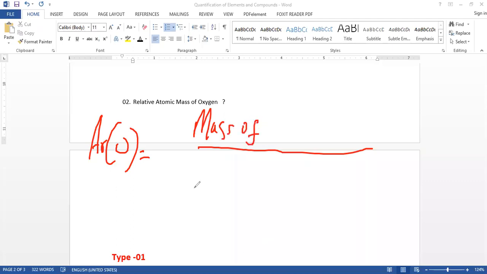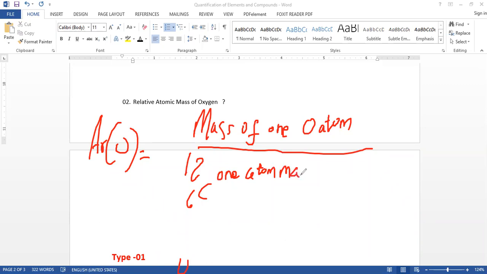Mass of one oxygen atom over 12C carbon, one atom mass into 1 over 12.